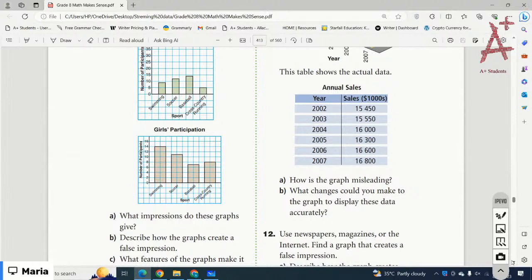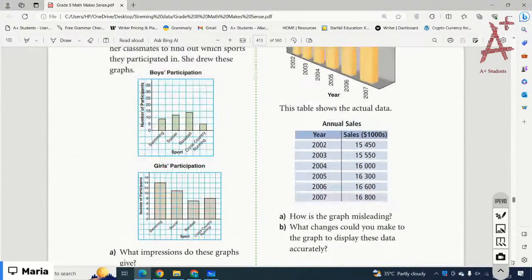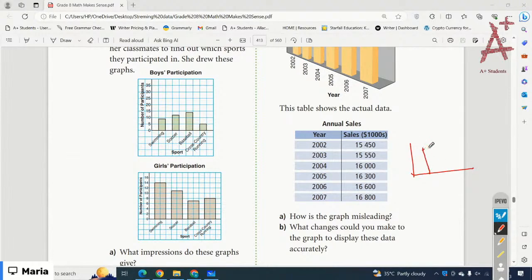Always start from the same line, right? You can make them like this. The bars would be like this, not slanted, right? These are the changes you have to make on this graph.